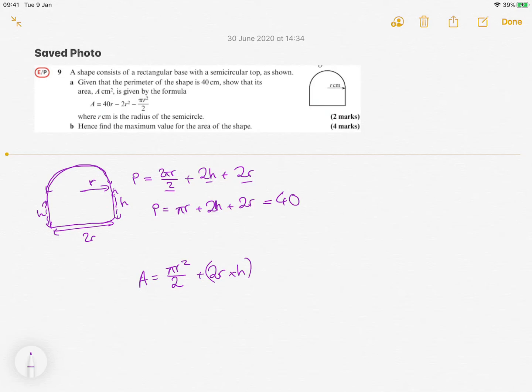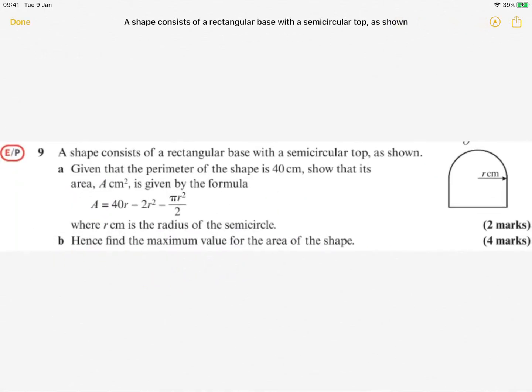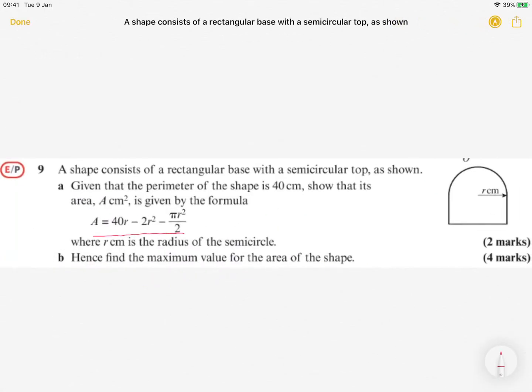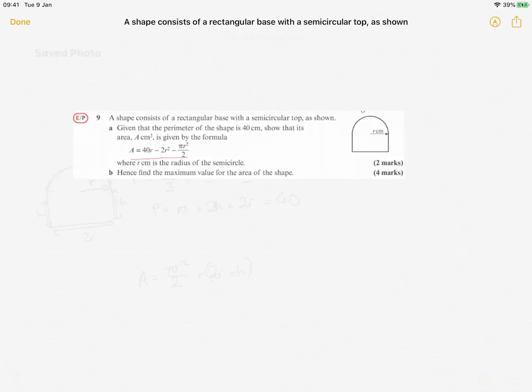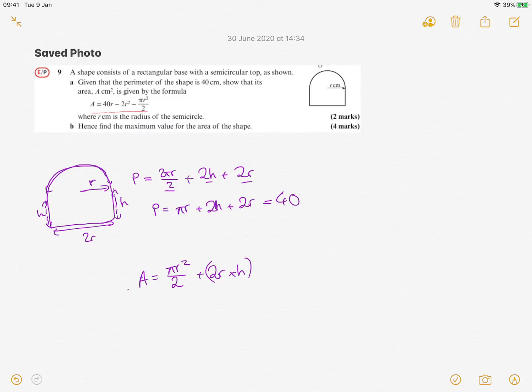Now the difference between what I've got and what we've got in the question is that there is no h in there. So I'm going to try and make it so that I don't have an h in the area formula that I've got.